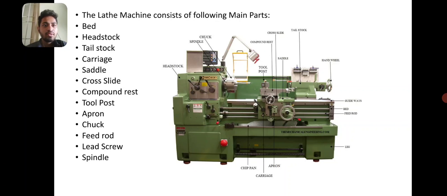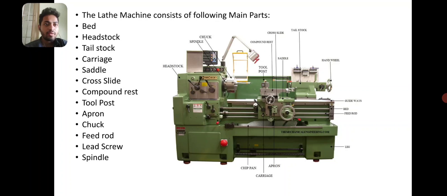The lathe machine consists of the following main parts: bed, headstock, tailstock, carriage, saddle, cross slide, compound rest, tool post, apron, chuck, feed rod, lead screw, spin wheel. The workpiece is placed in between the headstock and tailstock.